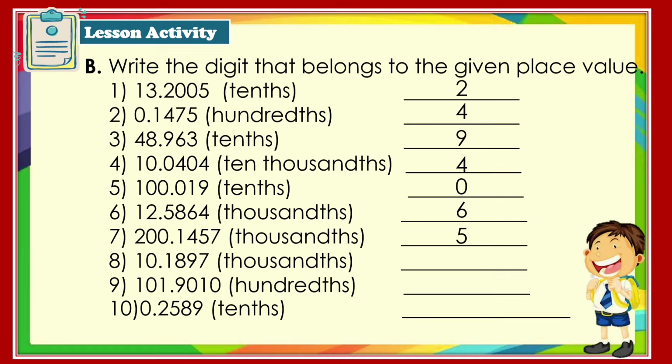What digit is in the thousands place? We have 9. Number 9. What is the hundreds place in number 9? We have 0. And then number 10. What is the tenths place? The answer is 2.